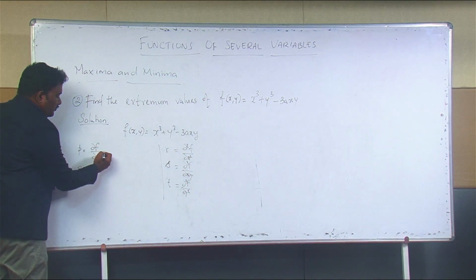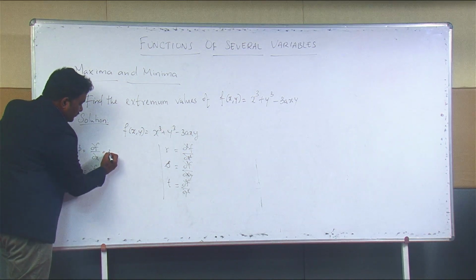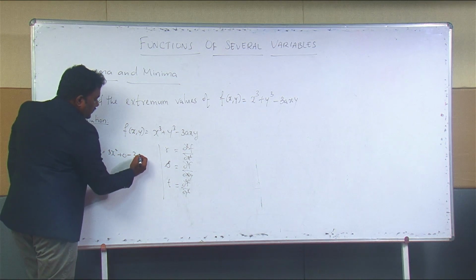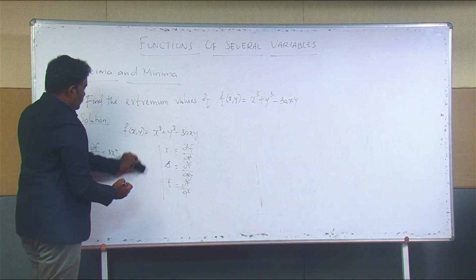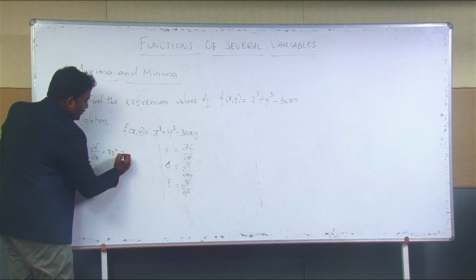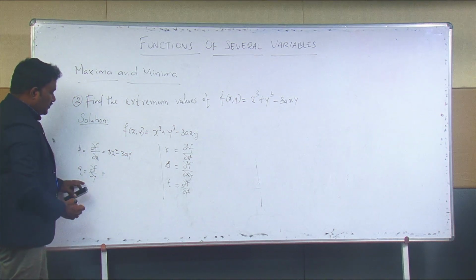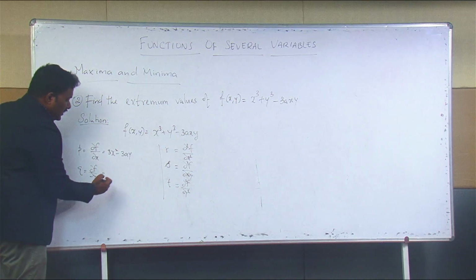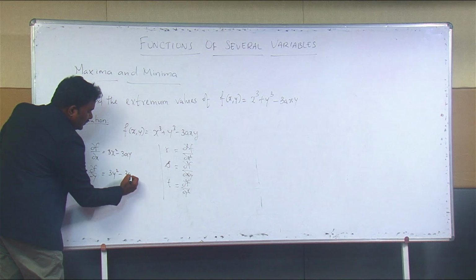So, if you differentiate this partially with respect to x first, it becomes 3x square plus 0 minus 3ay. So, if you go for the q value, if you differentiate this with respect to y partially, it becomes 3y square minus 3ax.